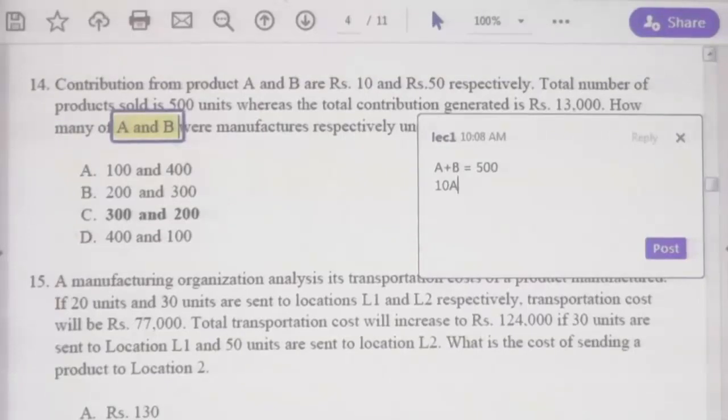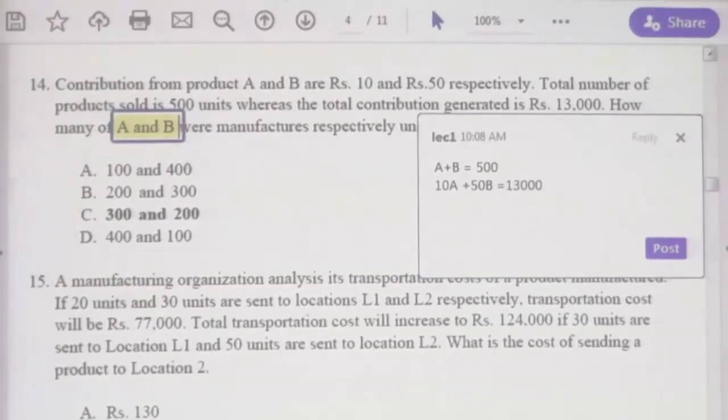Therefore, 10A is the total contribution from A. Then you can earn 50 rupees from 1 unit of B. Therefore, 50B is the total contribution from B. Now, entire contribution from A and B equal 13,000, right?